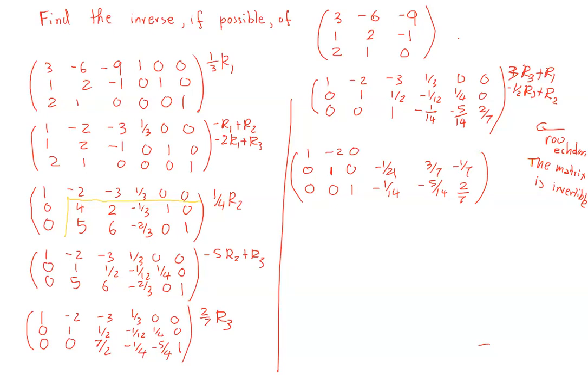And I have negative 3/14 plus 1/3, which is the same thing as minus 9/42 plus 14/42, which is 5/42, right? So 5/42 here.